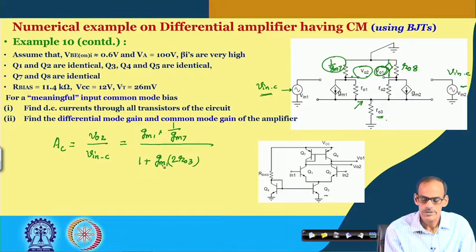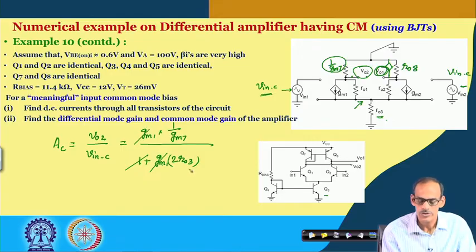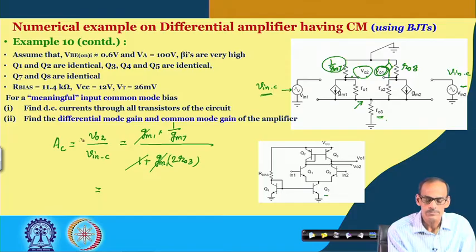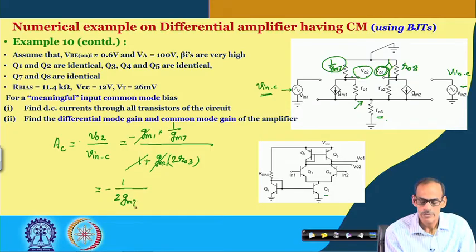In fact, after removing this 1, you can remove this GM1 also. So, that gives us a common mode gain equal to 1 by 2 GM7 into RO3.